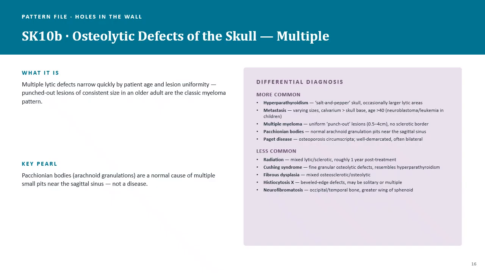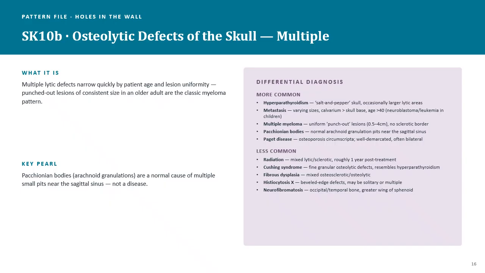Metastatic cancer can also produce multiple areas of bone destruction, but they're often different sizes and less uniform. Another condition is hyperparathyroidism. It can produce some of these same widespread salt and pepper appearances.